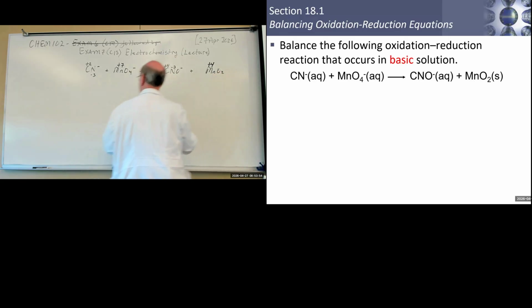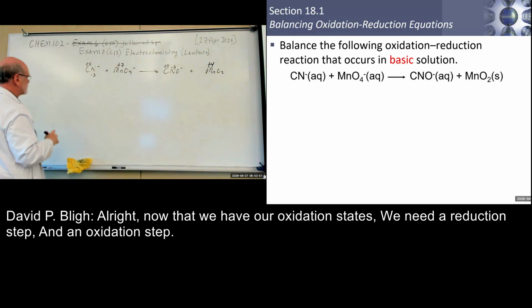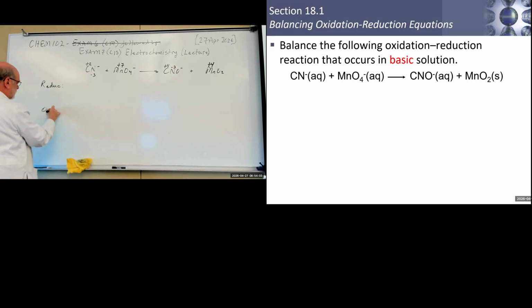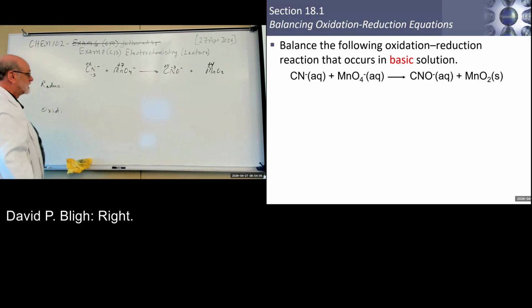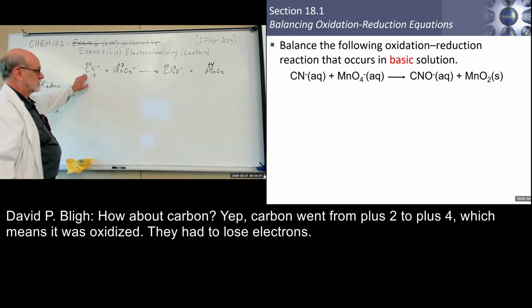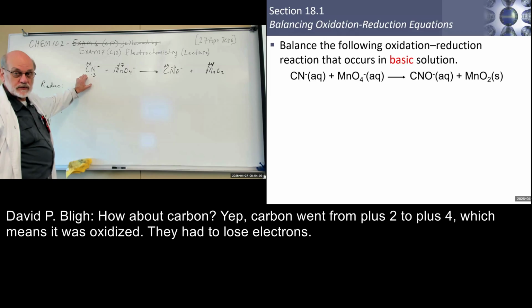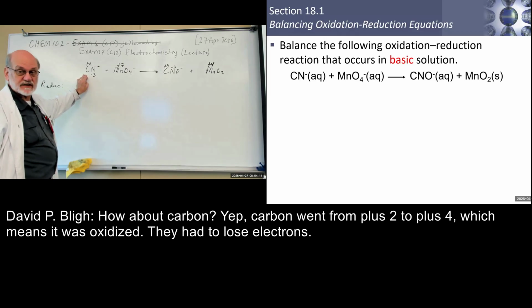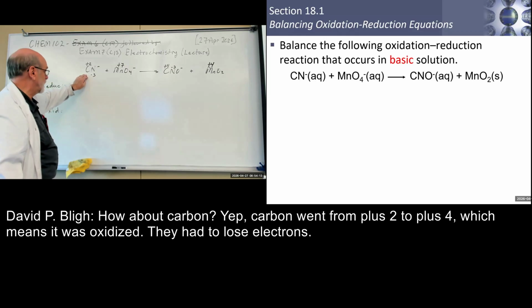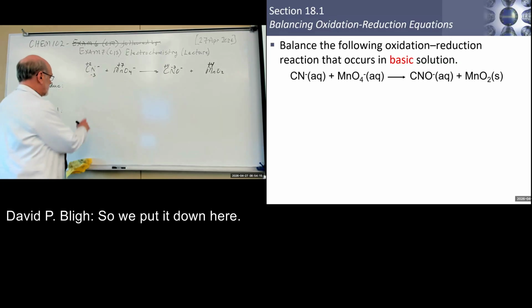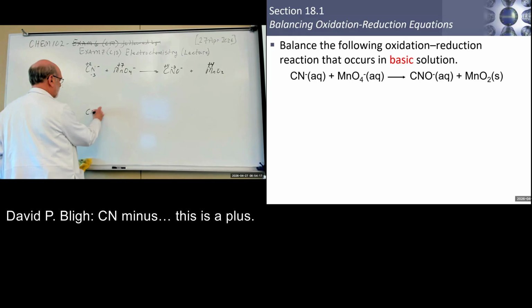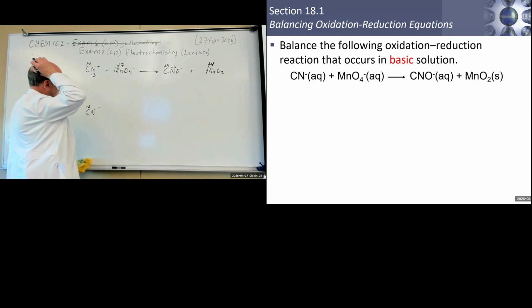Okay. All right, now that we have our oxidation states, we need a reduction step and an oxidation step. All right. How about carbon? Yep, carbon went from +2 to +4, which means it was oxidized. It had to lose electrons. So we put it down here. CN-, this is a +2.